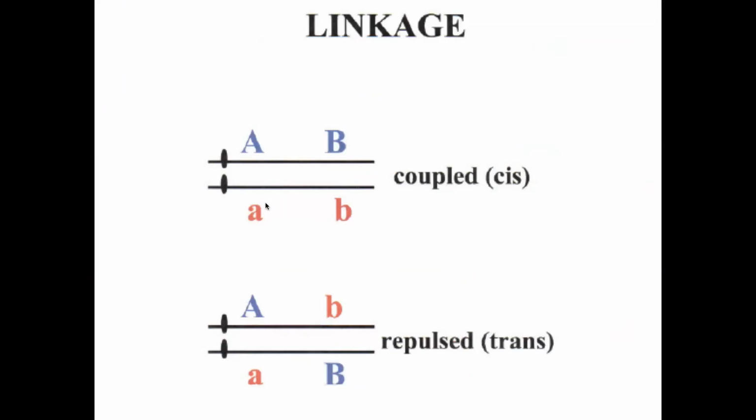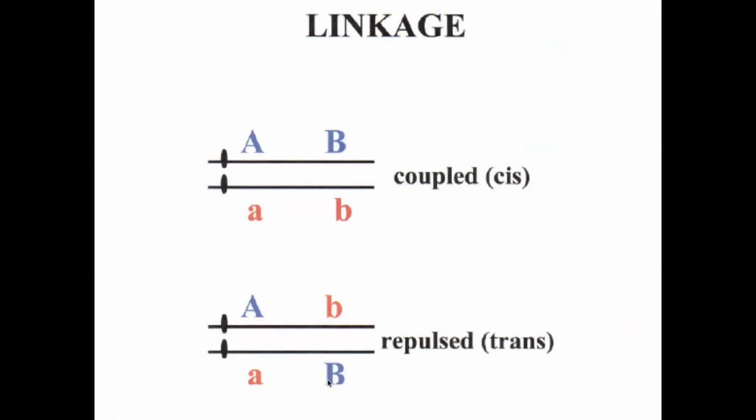Okay, alternatively, there's another arrangement for the linkage associations for the alleles at those two genes. And that's depicted down here at the bottom. So in this case, you have a dominant A allele linked with the recessive b, and the recessive a linked with the dominant B on the other chromosome. Again, in this case, you have a dominant allele at one gene linked with a recessive allele at the other.